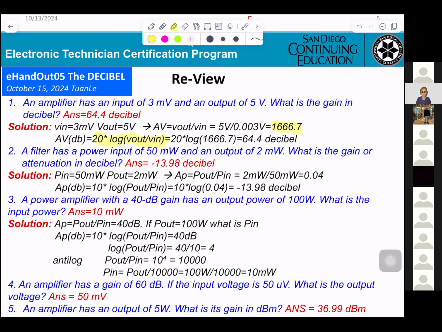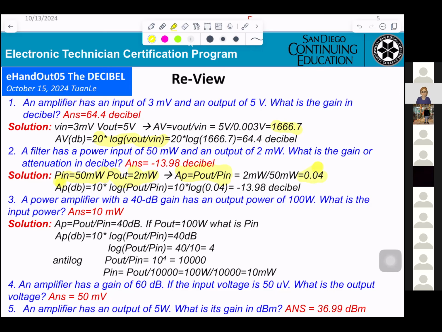Solution: P in is 50 milliwatt, P out is 2 milliwatt. A P means the gain of the power equals P out divided by P in. 2 milliwatt divided by 50 milliwatt, you get 0.04.